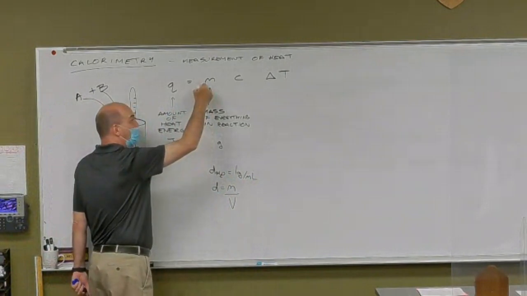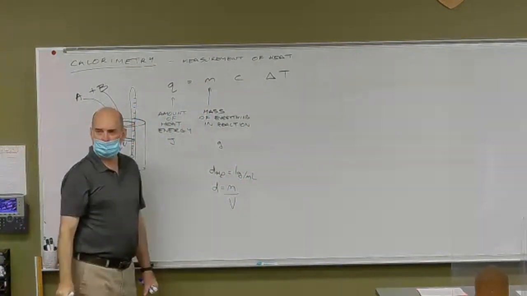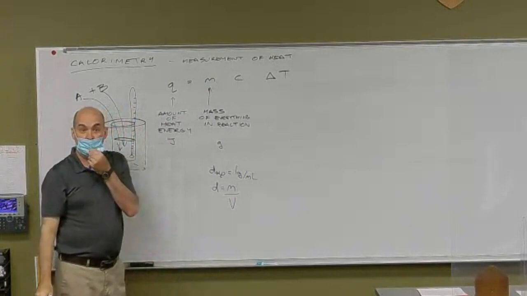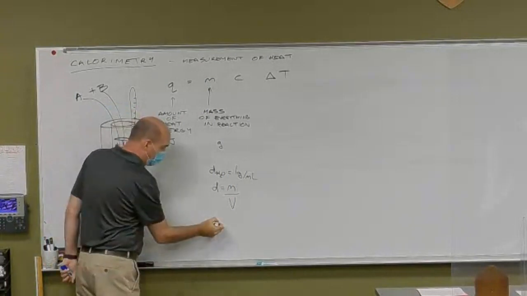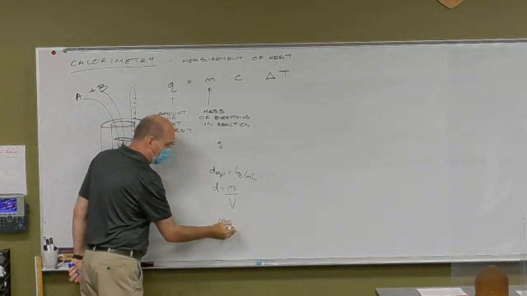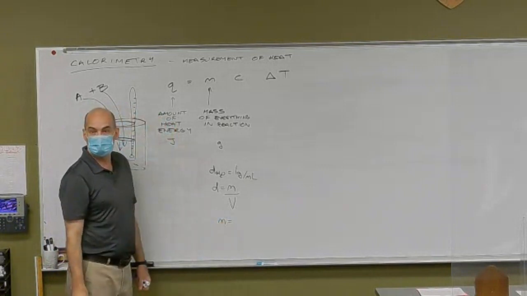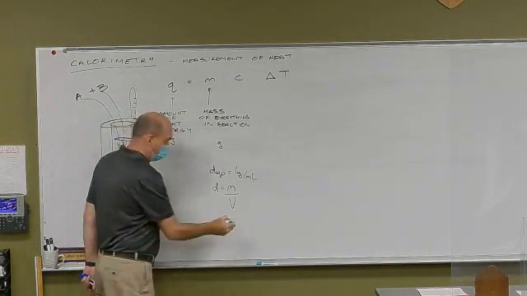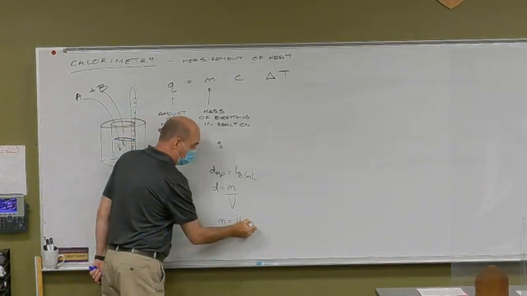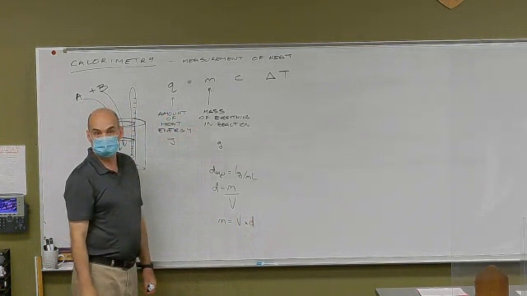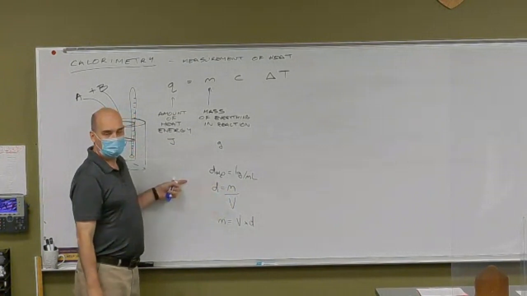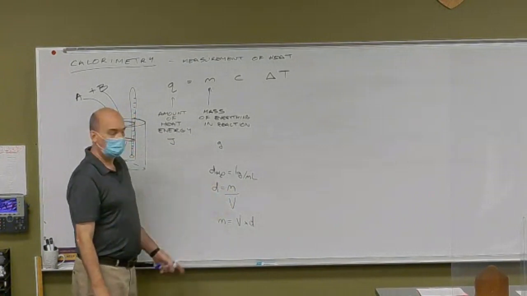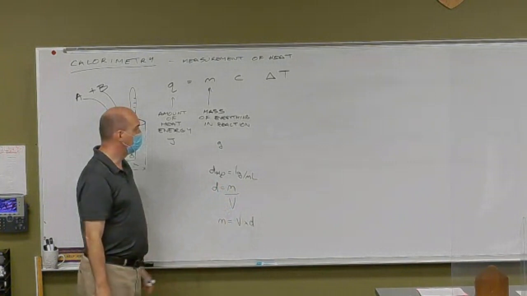Because I might have to find that value m from a volume, right? To convert my volumes into masses. If D equals m over V, what does m equal? Leave the mass where it is, bring the volume across the equal sign, it goes from being a denominator up to being a numerator. M equals V times D.